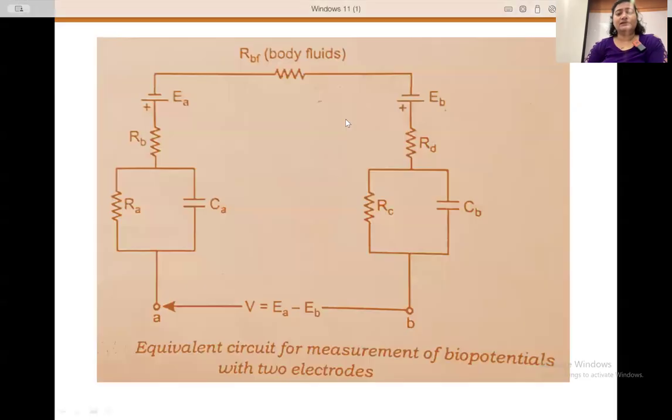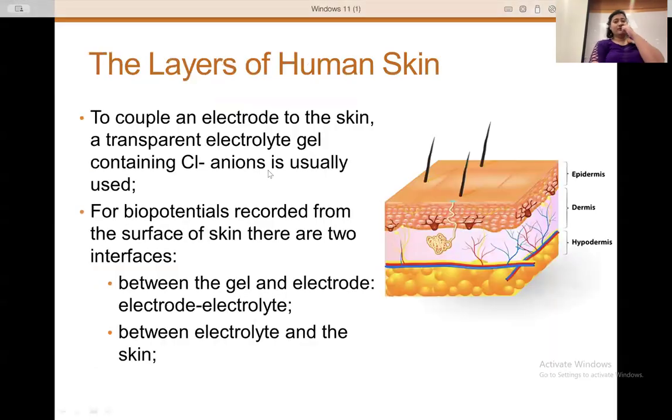Okay. So then we're going to add the skin to it. You have different layers of the human skin. What are the layers, at a very high level overview? Actually, I have a lot of time today because we're going to finish this in 15 minutes and then go over what we've done the entire semester. So why don't you break up into pairs and look at each of these layers of the skin and what's going on in each of the layers.